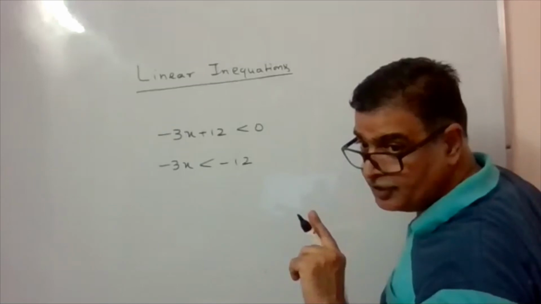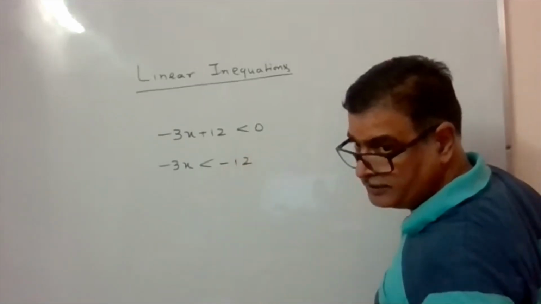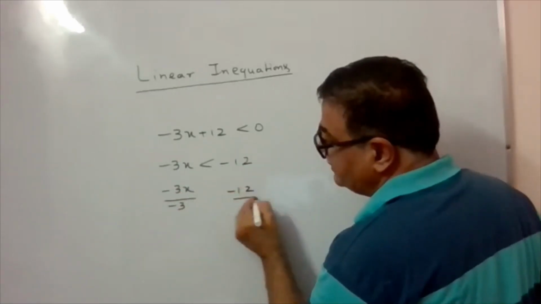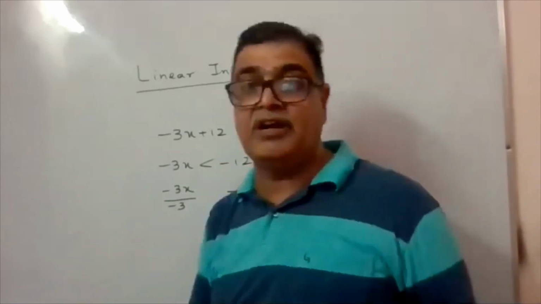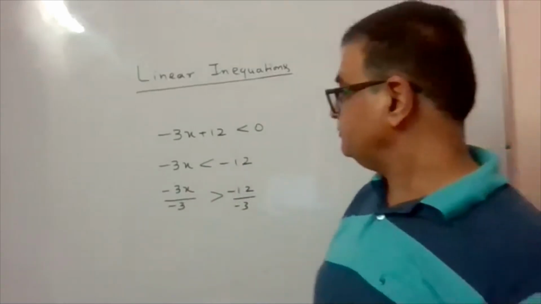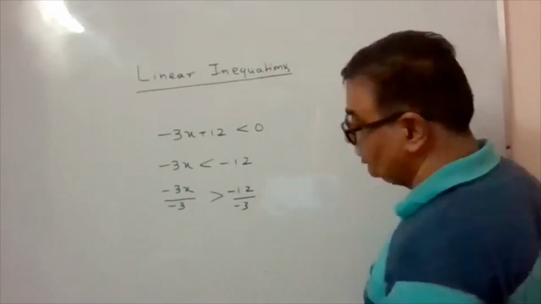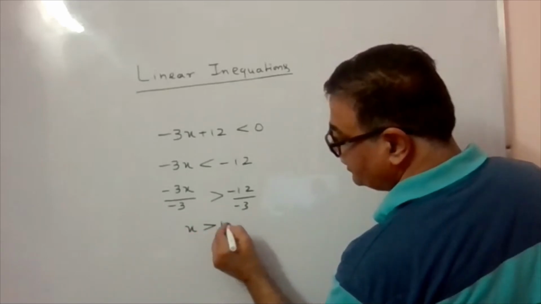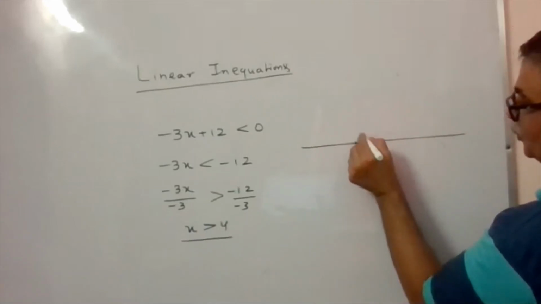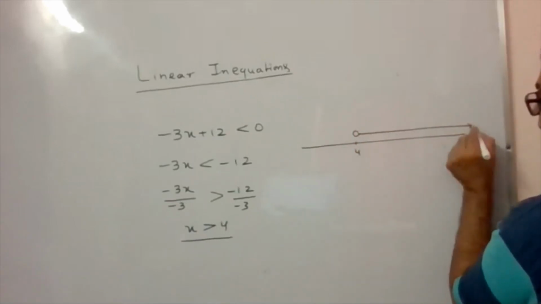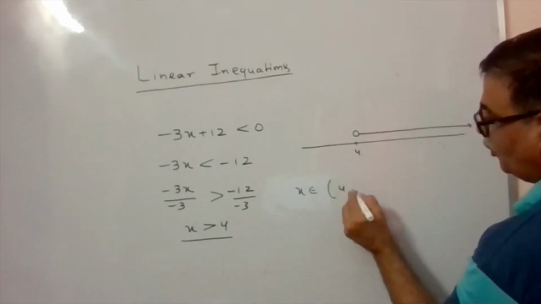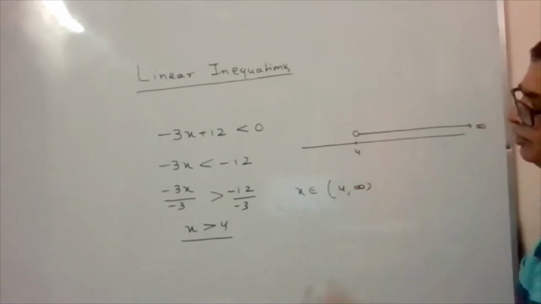When you divide by minus 3 on both sides, the inequation gets reversed. I told you any negative number, if you divide or multiply, the inequation gets reversed. Okay or no? Then what will come? x is greater than 4. That means it will go from 4 to infinity. 4 is again not included, it will go to infinity. So what should my answer be, x belongs to 4 to infinity, neither 4 included nor infinity included.